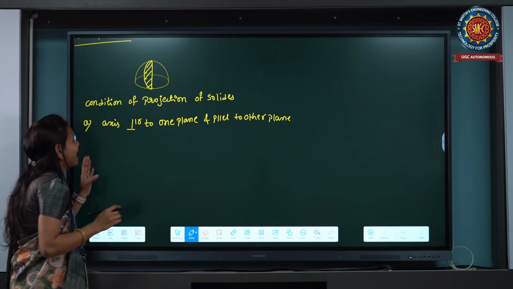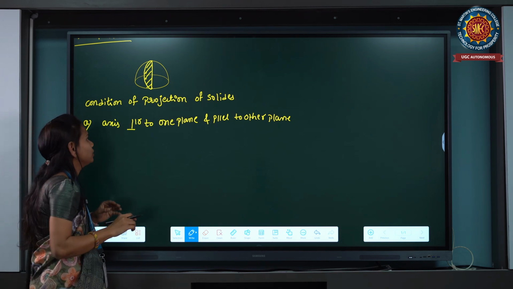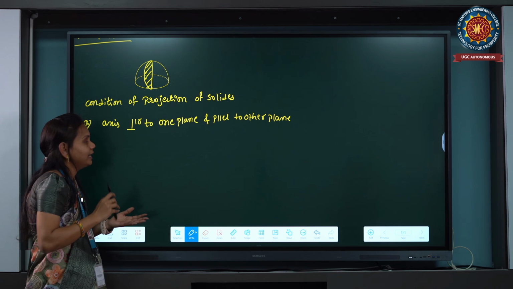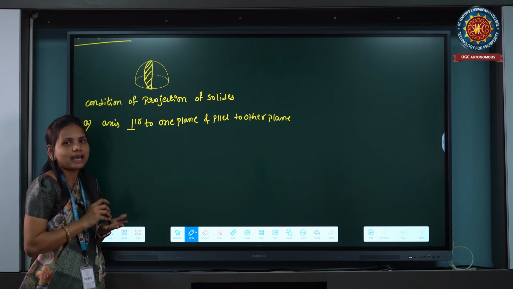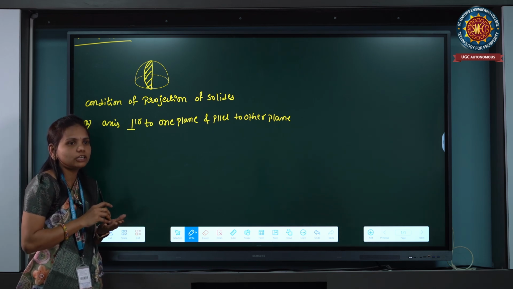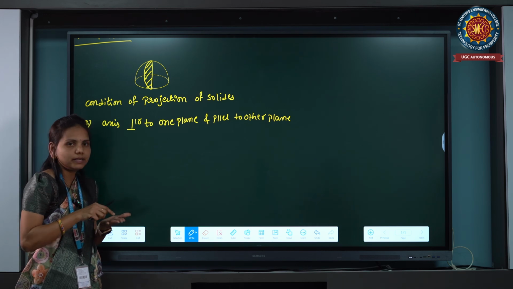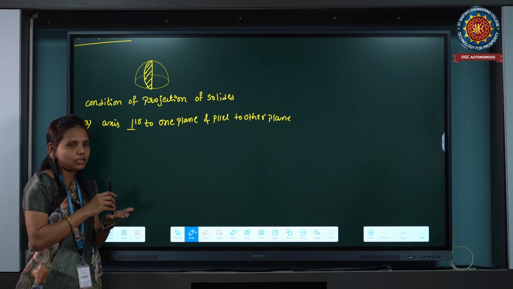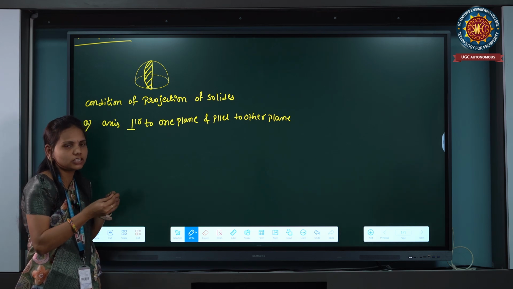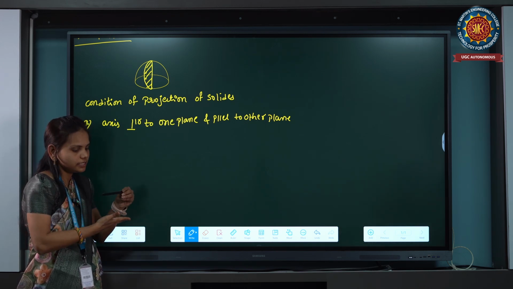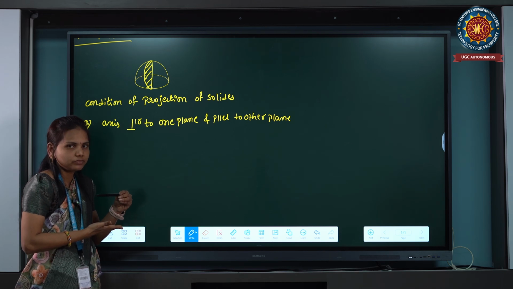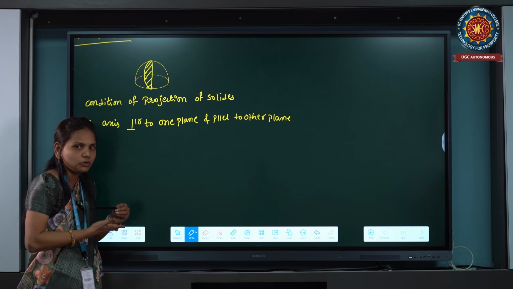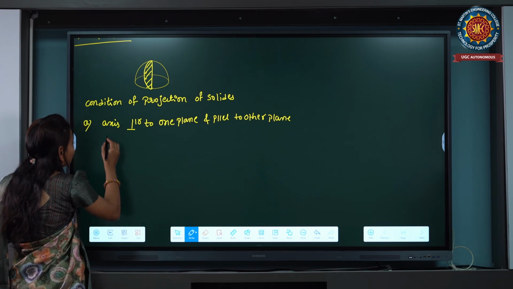The axis is parallel to HP and perpendicular to another plane. For example, in my hand is a surface, and this is the axis. The axis parallel to HP means this is the position of the axis. So this is parallel to HP. Here we are observing the total object in top view, so we should draw the diagram in top view.